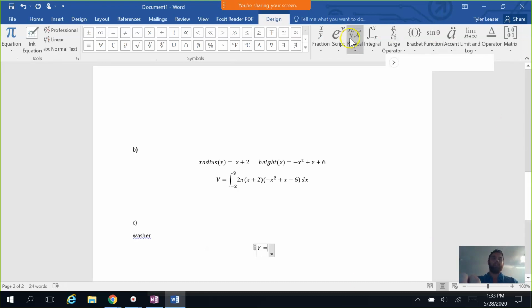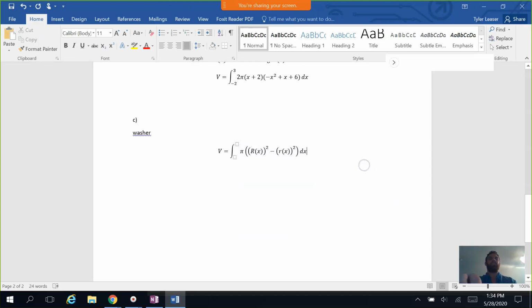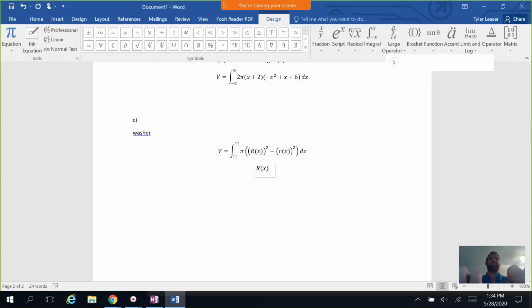Remember that the volume for the washer method is the integral from a to b of pi times the outside radius squared minus the inside radius squared. So we have to define the outside radius and the inside radius, and they're not hard to define, especially for this question.